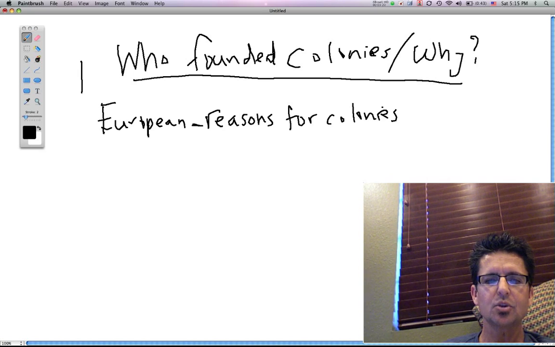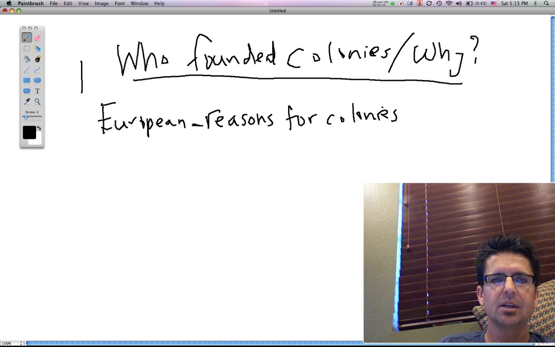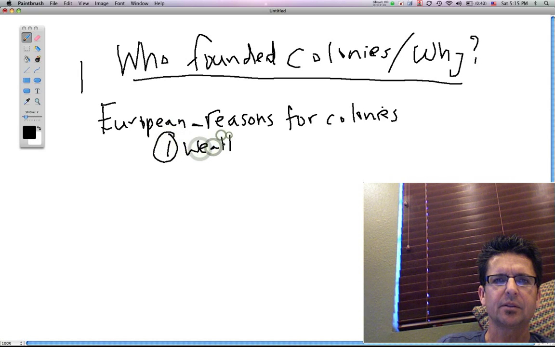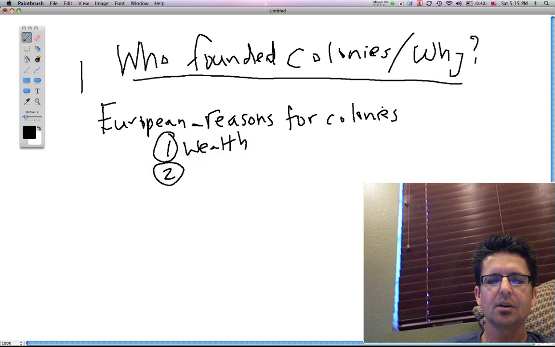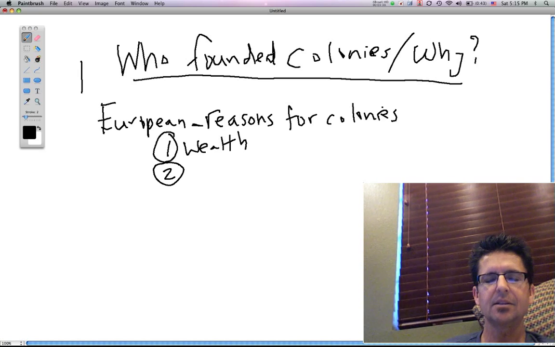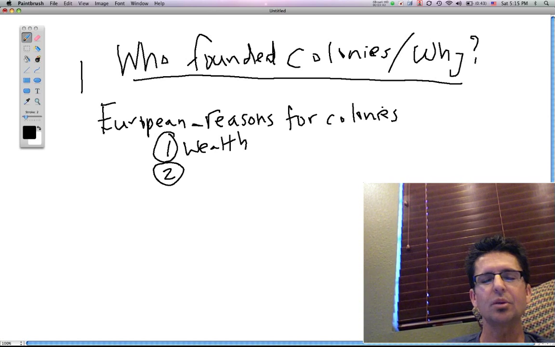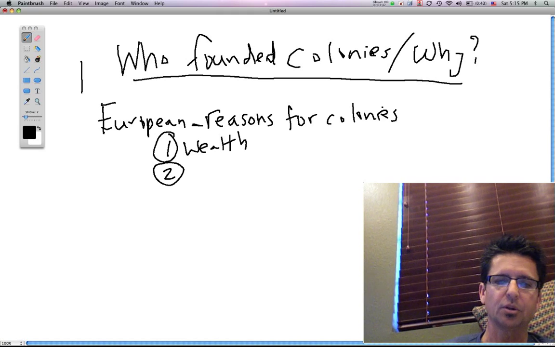It says countries wanted to gain wealth through land and natural resources. So the main point there is that they wanted wealth. Right? We don't need to get every single detail down. Hopefully you'll remember that if they get more land, they're going to be richer. If they get stuff that's in the new place, the resources like gold, and we're going to read that coming up here.